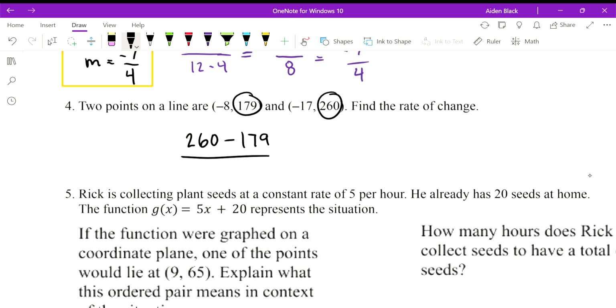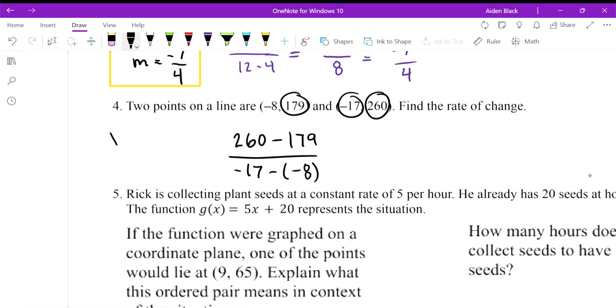And in the same order, I have to start with my -17 and subtract -8. You guys have seen this as y2 minus y1 divided by x2 minus x1, which is the same thing as your rise over your run. This is slope.